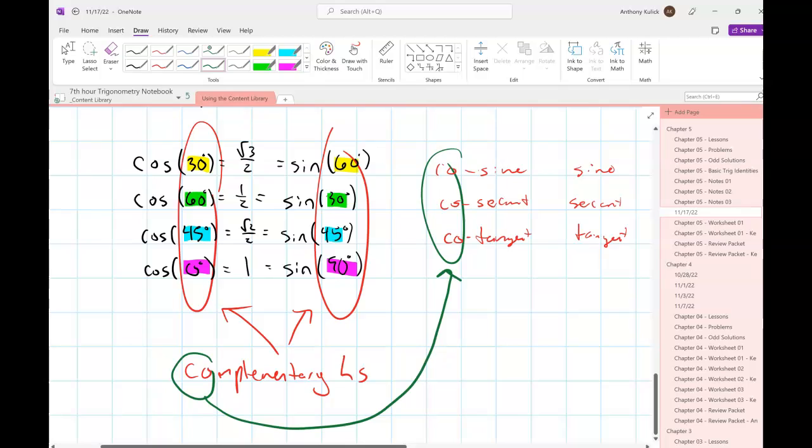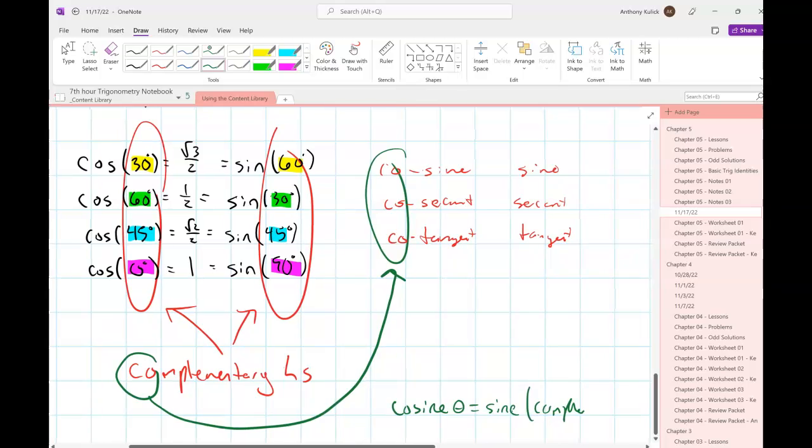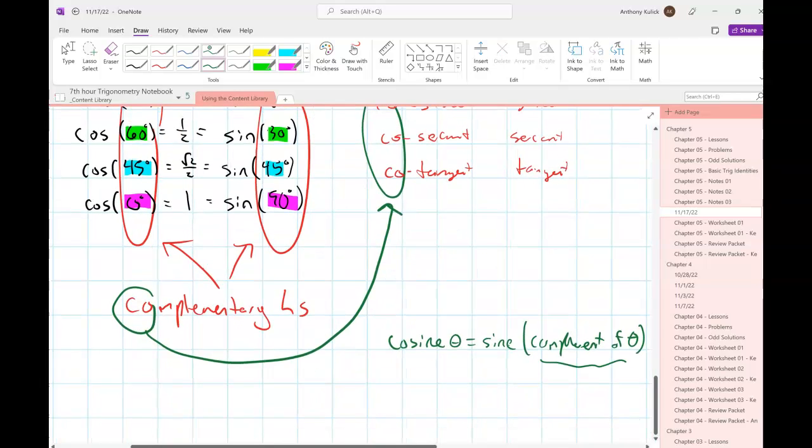It's short for complementary, because what we're noticing is that cosine of theta equals sine of the complement of theta, right? That cosine of 30 is equal to sine of 60, right? So how do we formalize the complement of theta in mathematics? How do I write that in symbols? What's the complement of theta? How do I write that symbolically?